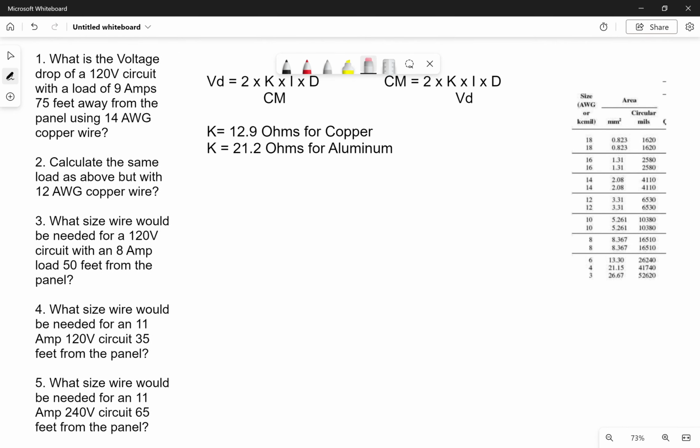What size wire would be needed for an 11 amp 240 volt circuit 65 feet from a panel? All right.